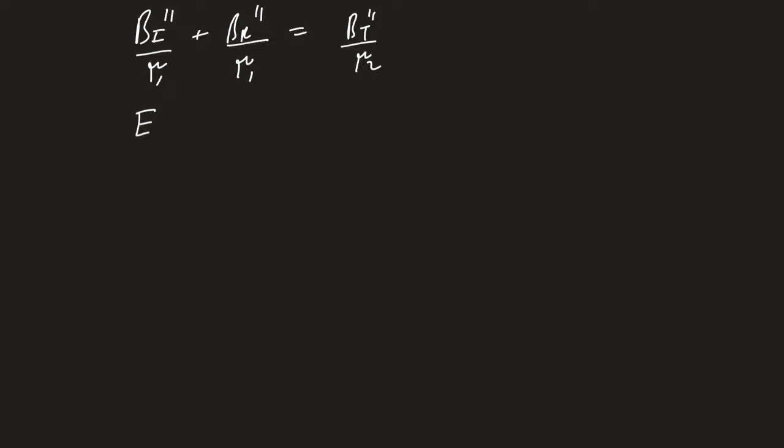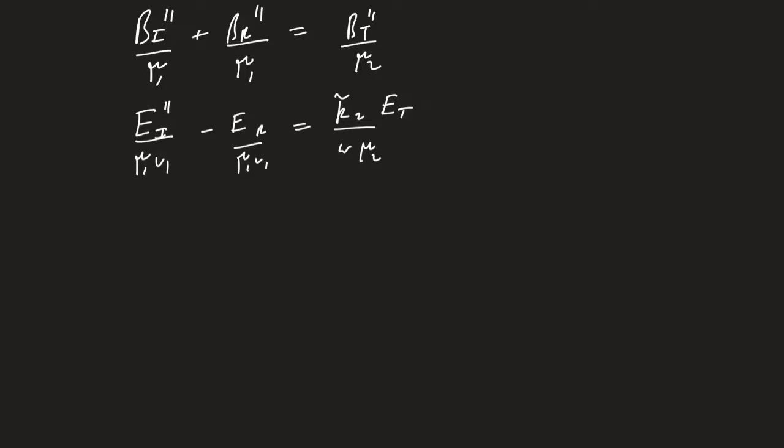So E incident parallel over mu1 V1 minus E reflected over mu1 V1 is equal to K2 tilde over omega mu2 times E transmitted.